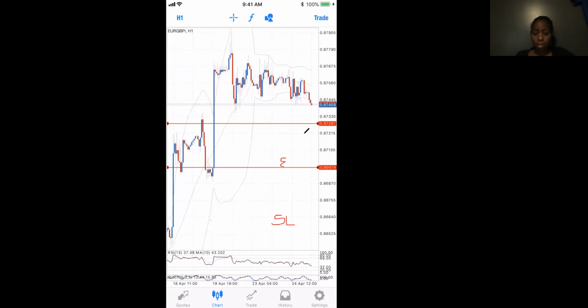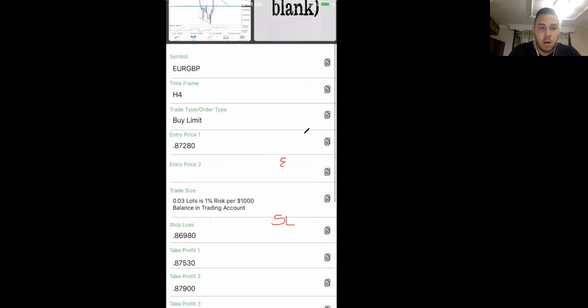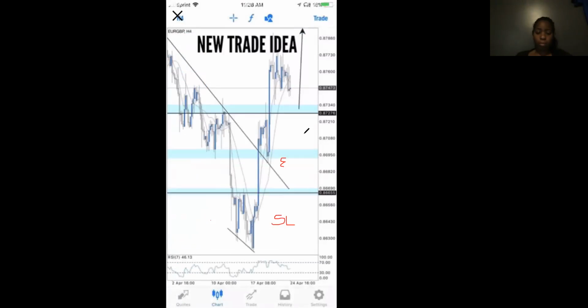So this is how you see if the trade has expired or not. Because you go to the Swipetrades alert, and I screenshot all of them, because sometimes they got deleted because they sent so many alerts, right? And I look at the picture and I'm like, okay, here's how the market looks. Obviously, we're expecting it to come down and then move up.